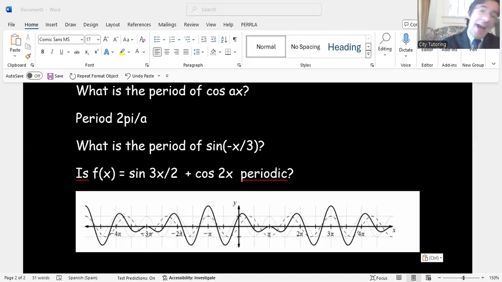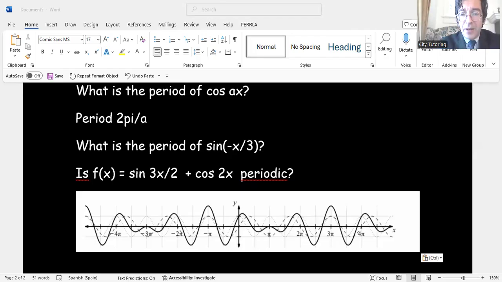So that you have the pattern of the solid curve. From x equals negative 5 pi to x equals negative pi, the curve appears to be exactly the same as the curve from negative pi all the way to 3 pi. And the pattern appears to continue after x equals 3 pi.